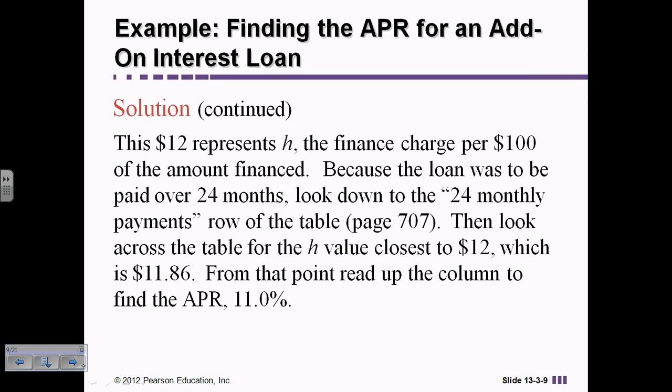I find the number closest to 12 in the 24-month row on page 707. And then I look and find the percentage rate that is given to me at the top of the page, which is 11%. Now, if the bank had told me that I was going to be paying 10% or some other percentage, then I could consult the bank and find out why, according to my calculations, my percentage rate is coming out different.